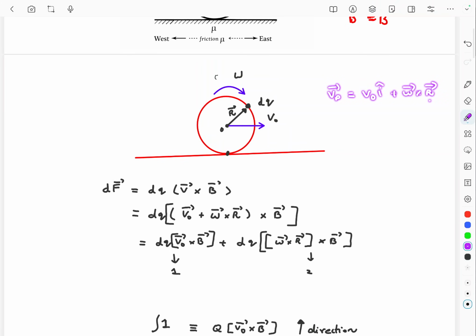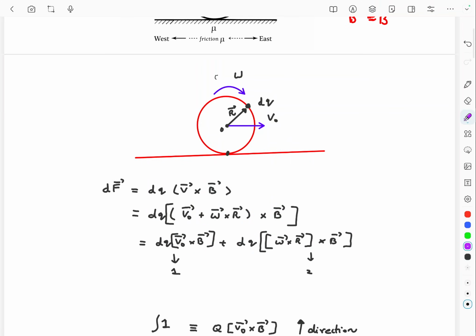And this r vector is the position vector with respect to the center O of the ring, right? So that is how we write the velocity vector of the dq charge, and b vector is of course a constant. Now we'll use the distributive property. So dq v naught cross b is the first term, and the second term is dq omega cross r crossed with b vector.